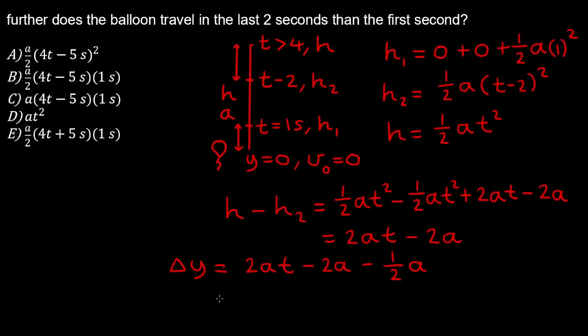And if we recognize 2 is 4 on 2, then we'll take out a on 2, and inside the brackets we have 4t minus 5. So A is incorrect because we have 4t minus 5 squared, and therefore the correct answer is B.